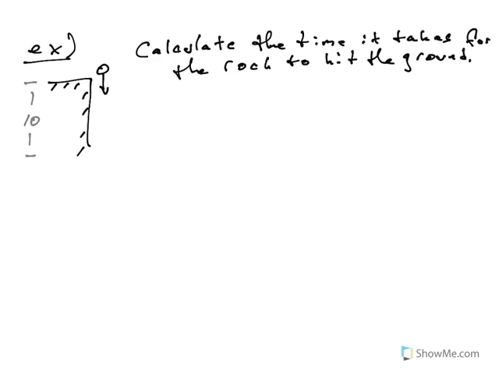First thing we can do is start figuring out everything we know in this situation. First of all, I know that the distance traveled by the rock is going to be negative 10 meters. It's going to fall 10 meters downwards. What else do I know? I dropped the rock, which means the initial velocity, as soon as it left my hand, was 0. I didn't throw it.